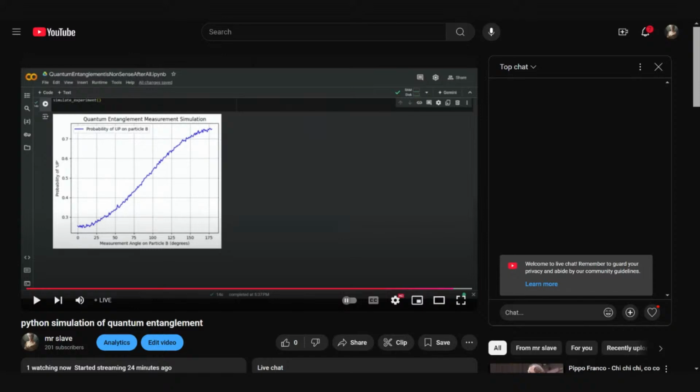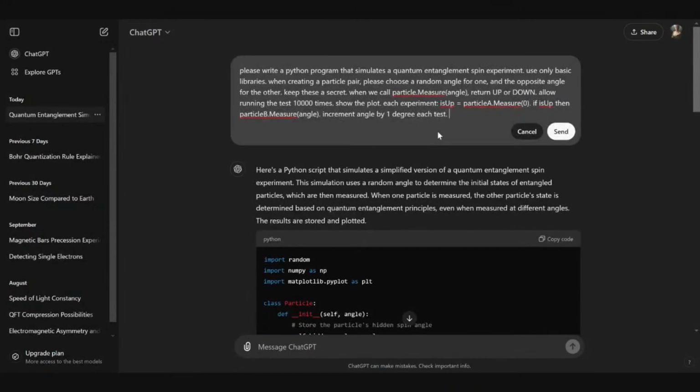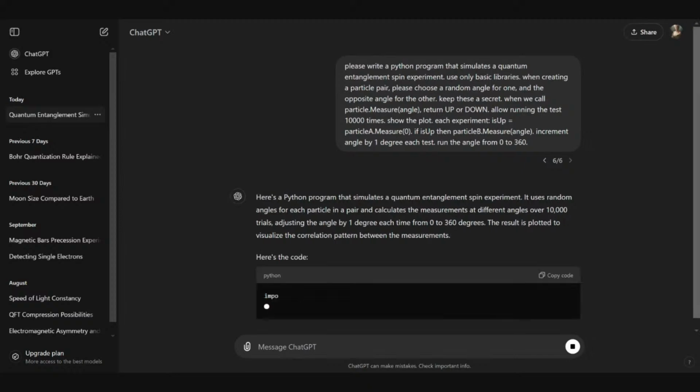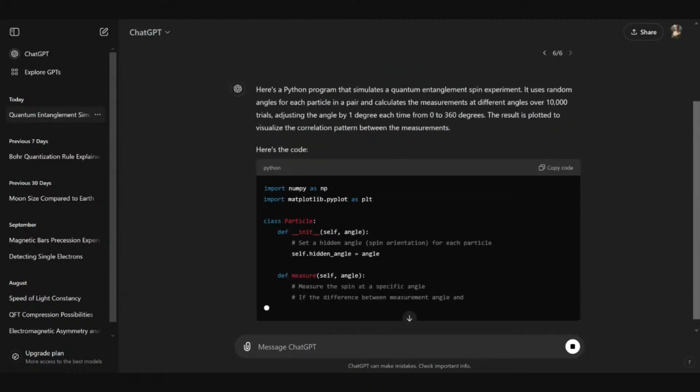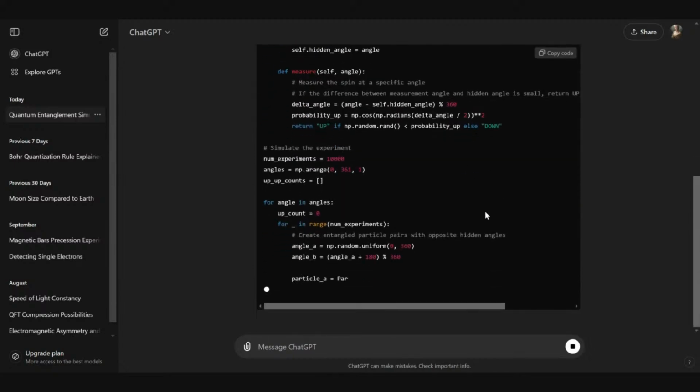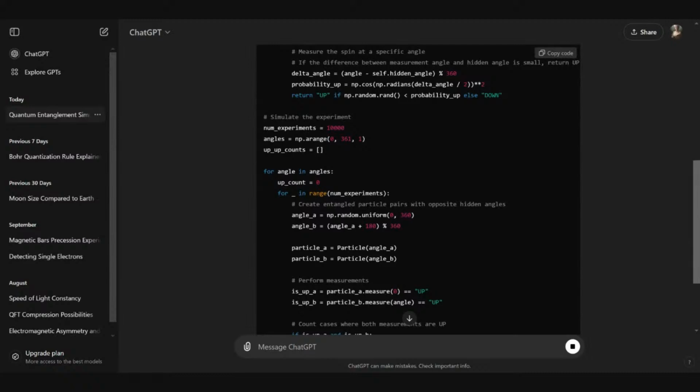You know what? Let me tell ChatGPT: run the angle from 0 to 360, because I want it to look identical. So I guess the angles is 0, 361, 1.